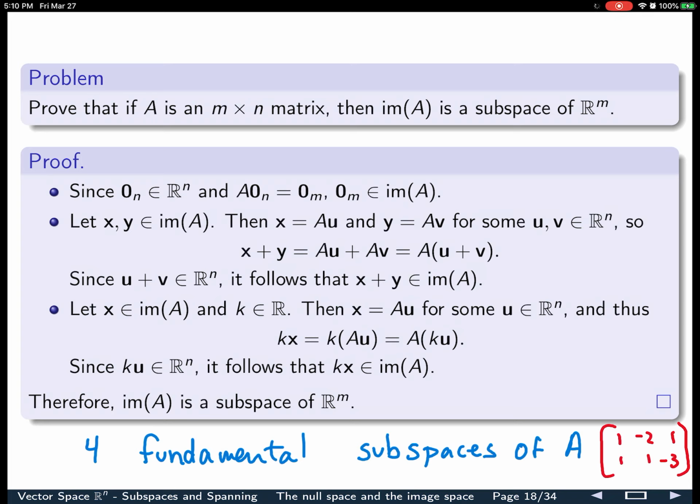But really, the null space only takes up so much of Rn, and the column space only takes up so much of Rm, depending on the rank of the matrix. There are two other fundamental subspaces called the row space and then the null space of A transpose is kind of the easiest way to say the other one.